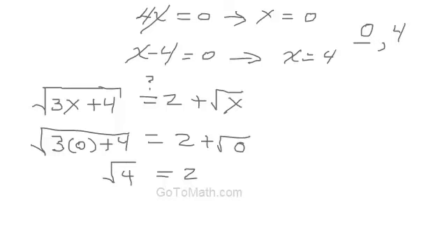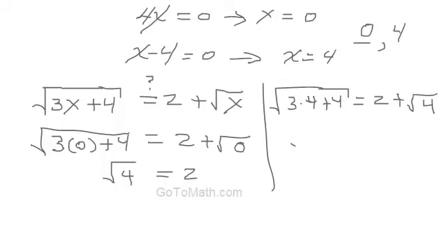Let's go ahead and just check the other one right over here. So we have 3 times 4 plus 4 is equal to 2 plus the square root of 4. So we have 12 and 4 is 16.